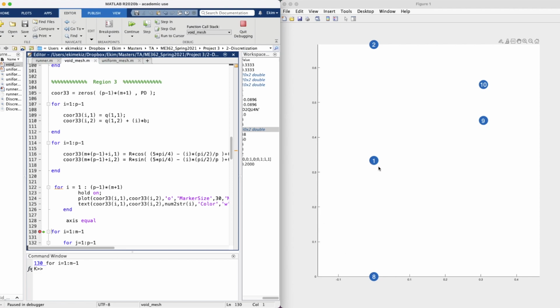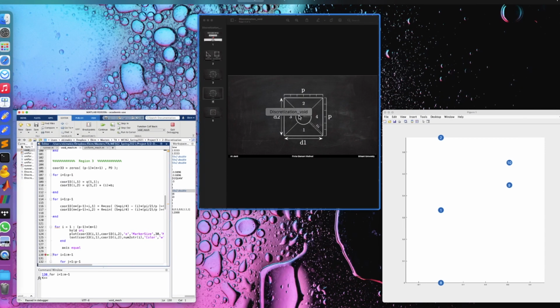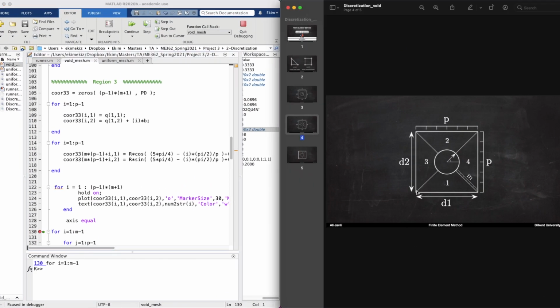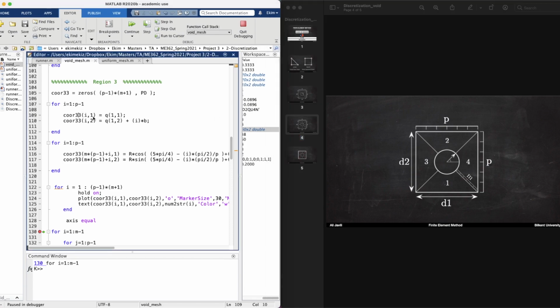So we want to start with the generation of this node, and this corresponds to the first node that is here after the diagonal node. Okay, so the first node that is along this line. The x coordinate of that node will be the same as the x coordinate of this corner, right? So we just say that it's equal to q11. And the y coordinate should be whatever the y coordinate of this corner is, plus b. So b was our increment along this line, dt over p.